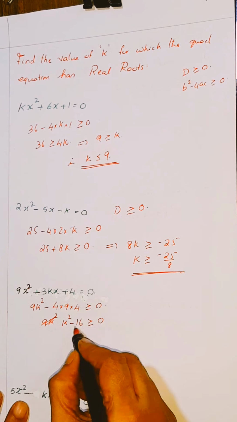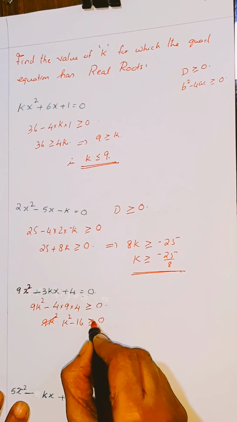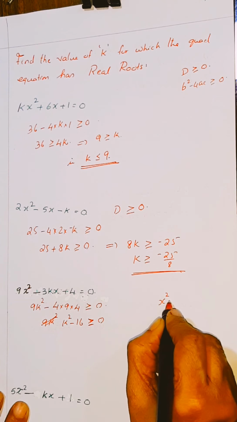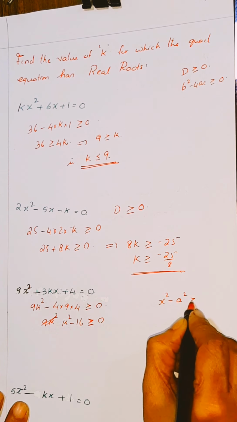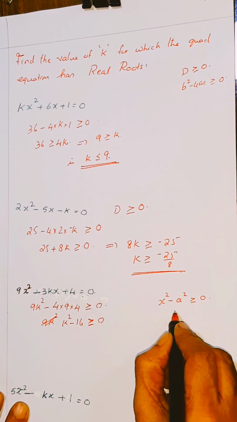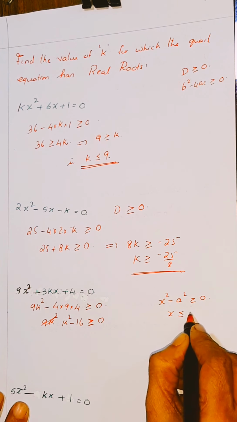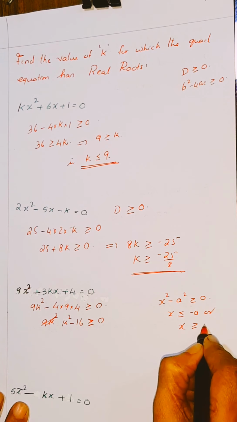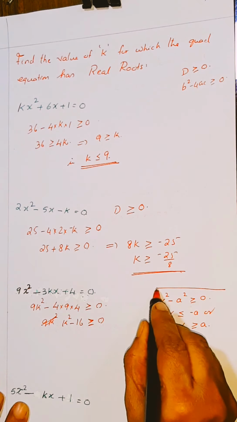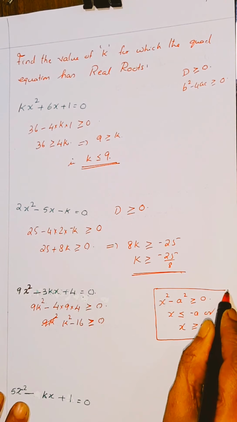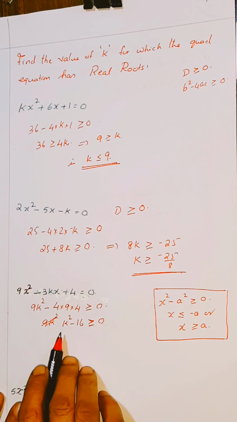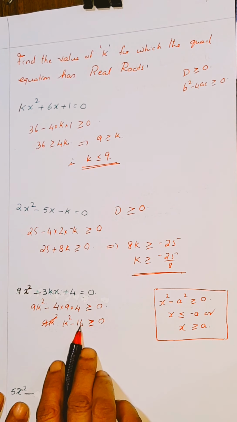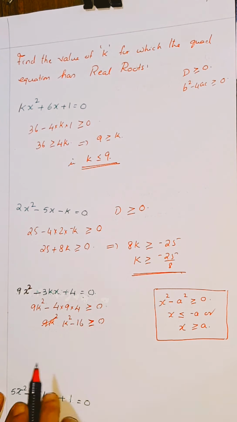Now here in this type of questions we have to use: if x squared minus a squared is greater than or equal to 0, then x is less than or equal to minus a, or x is greater than or equal to a. Now we have to use this here. So it is of this format, x squared minus a squared, where a squared is 16, that is 4 squared.